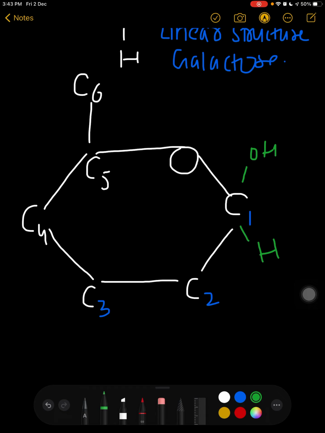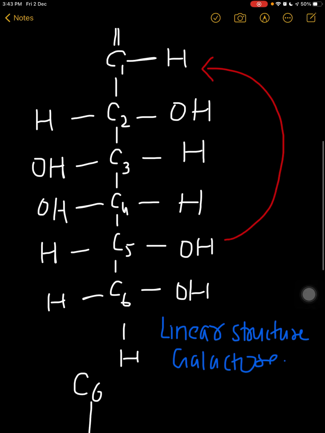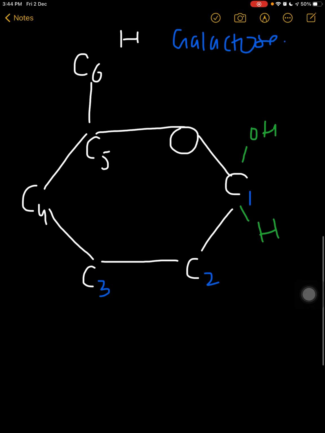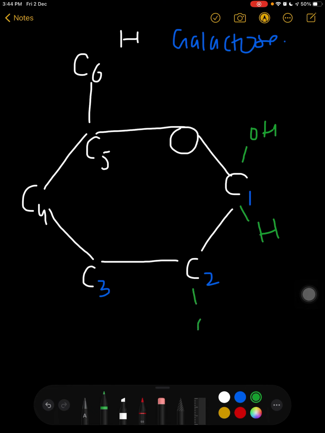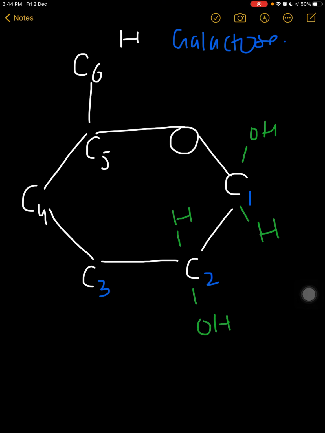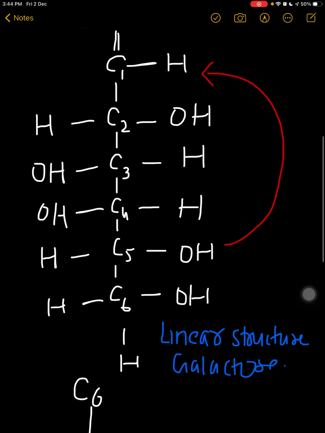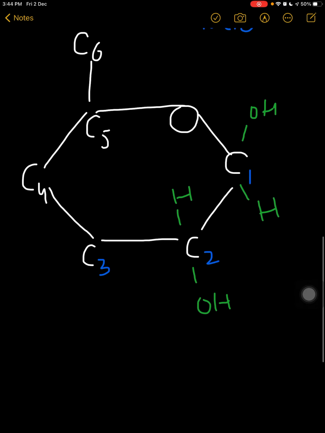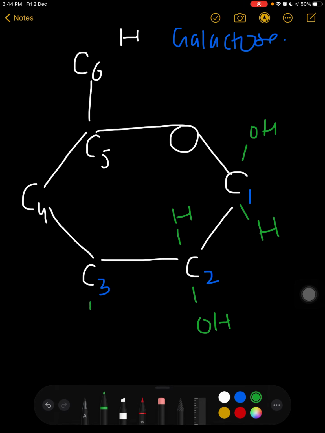Over here, let's look at the structure on carbon number 2. OH is on the right side, so it will come like this. Over here in carbon number 3, on the right side we are having hydrogen, and this OH.